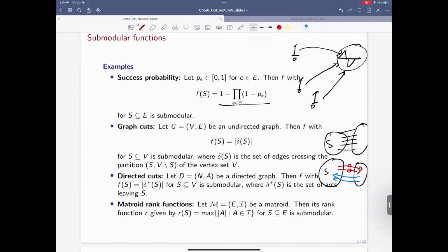And the last example is from matroid. I haven't defined what a matroid is, but let's say we are given a matroid.